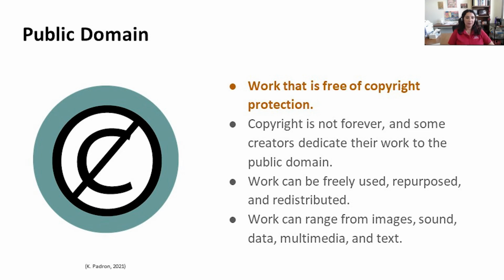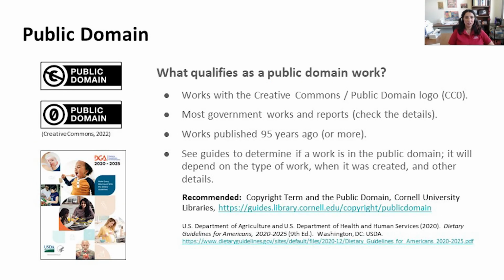And then copyrighted work, which falls into the public domain, can range from images, but it could also include sound, like music, data, multimedia. A lot of Charlie Chaplin's early films are in the public domain now. And then, of course, it could use text. So, what qualifies as a public domain work? Well, there is a particular Creative Commons logo that means public domain.